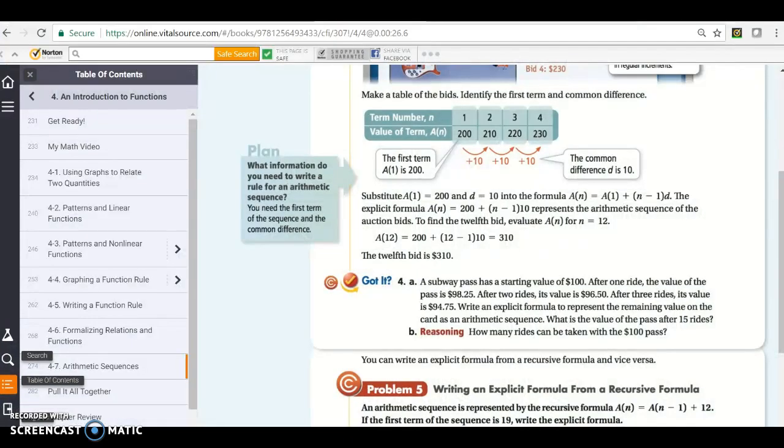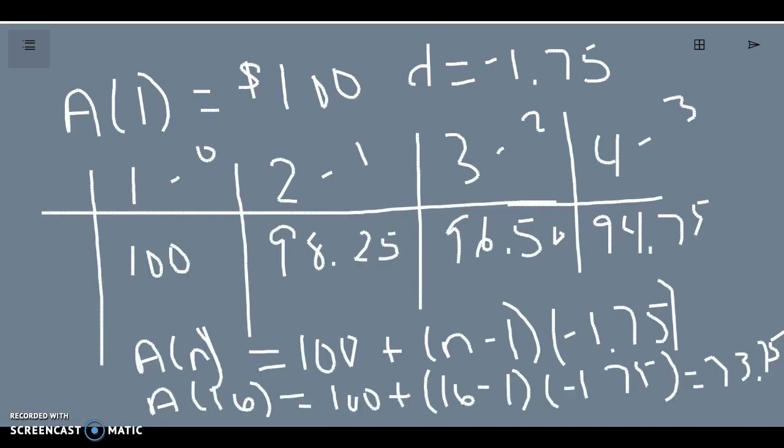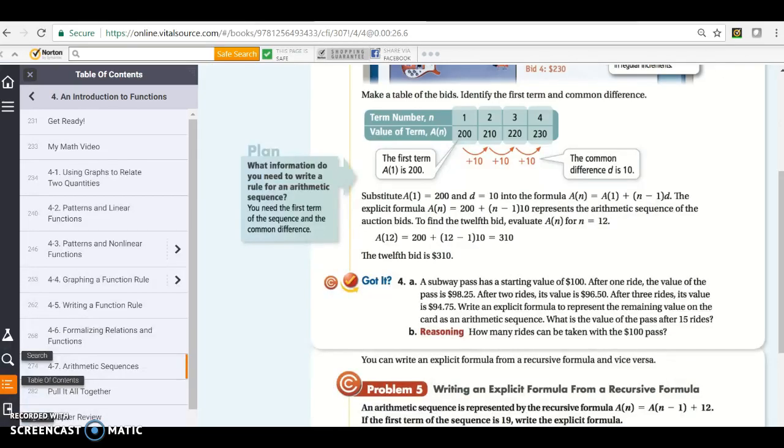Okay, then it says how many rides can be taken with the $100 pass? It's a good question. So what are we looking for? Let me see. I'm going to have to write some of this out. Hold just one moment, please.